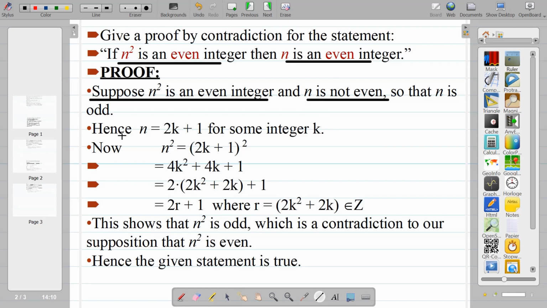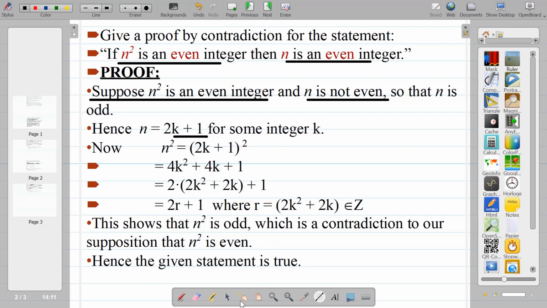So hence n is equal to 2k plus 1 for some integer k. Why 2k plus 1? We know that all odd integers will be in this form, 2k plus 1. So now n squared will be equal to (2k plus 1) to the power 2.